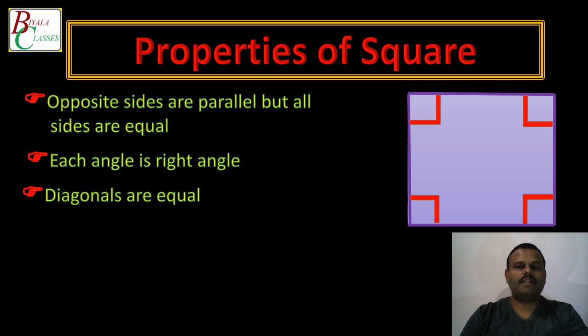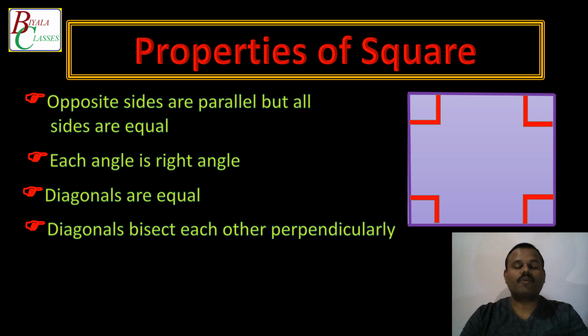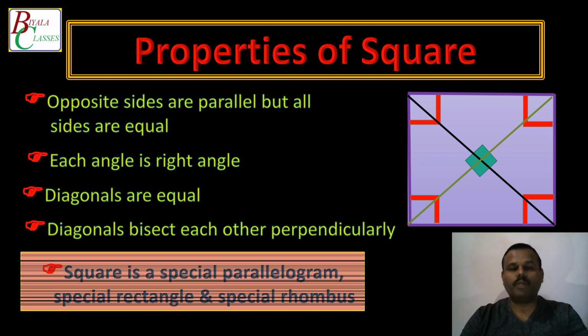Next, diagonals are equal. Where else are the diagonals equal? In a rectangle they are equal. So same is the square. Next, the diagonals bisect each other perpendicularly. Now the diagonals here are bisecting each other perpendicularly. So just recall, which quadrilateral has the same property? Yes, it is the rhombus which has the same property.